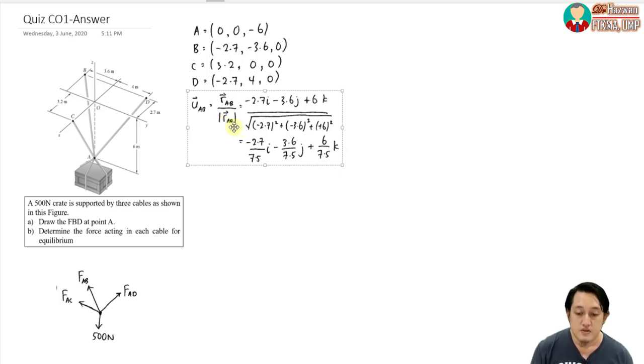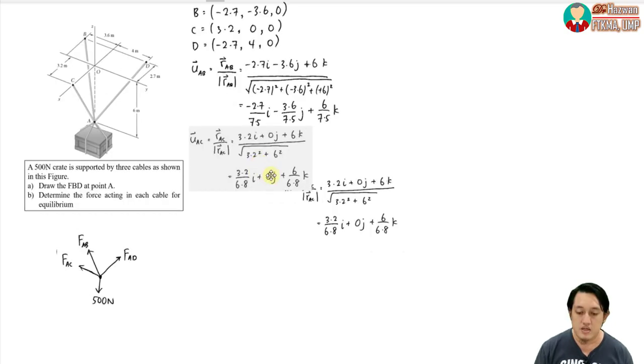To calculate the unit vector, you must do the direction AB over the magnitude of the direction, vector over magnitude of the vector. So the final result is this one, -2.7 over 7.5 and so on. The magnitude here is 7.5. So this one is UAB.